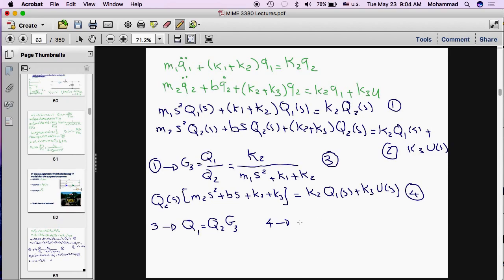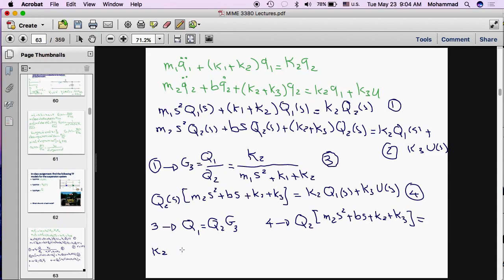So equation 4 will turn into, still we have Q2 times M2 S squared plus BS plus K2 plus K3. This is equal to K2 times Q1.